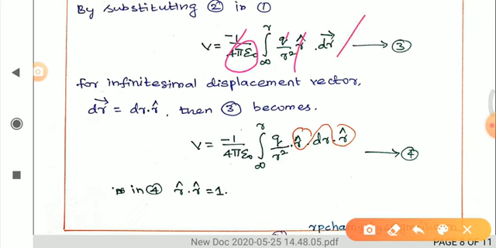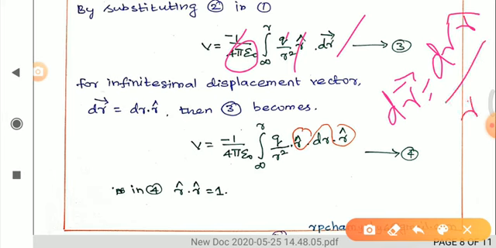So dr vector can be written as dr into R cap.